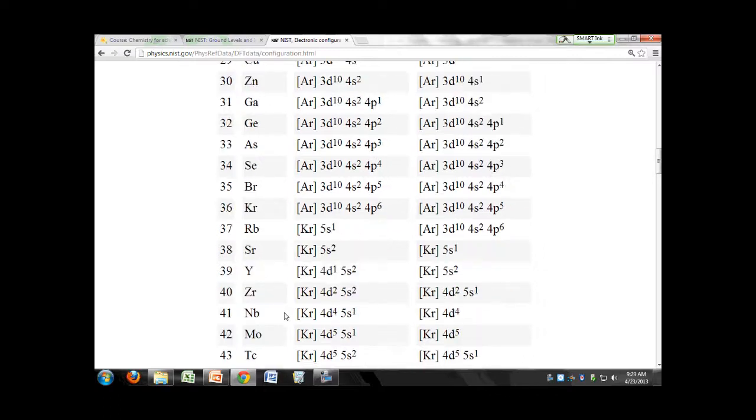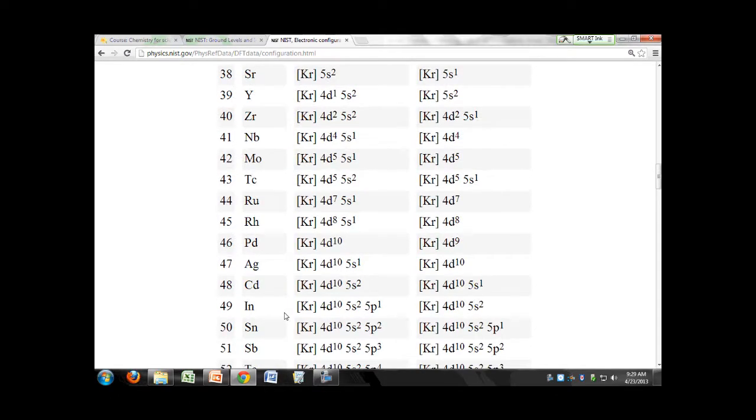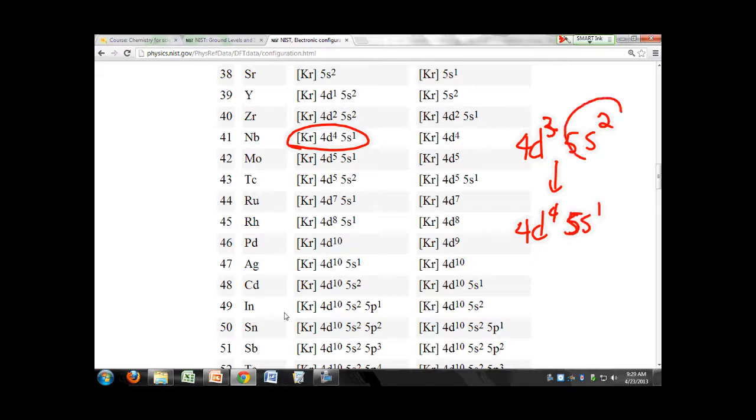When you get to the next row in your D block, you'll find that niobium is an exception. Instead of 4d3 5s2, it is now 4d4 5s1. So you're shifting from a fully filled subshell to a half-filled subshell, but you're not gaining another half-filled subshell. 4d4 is not a half-filled subshell.